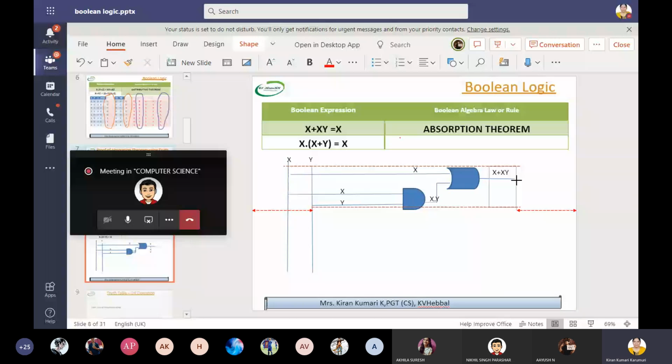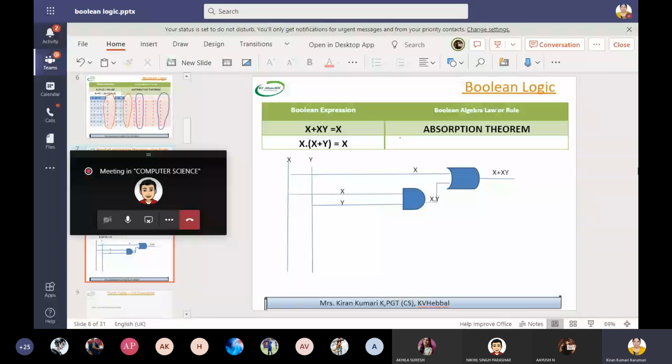Now if you look at this, why should we learn these theorems? We have made the circuit with so much difficulty. To make a circuit we need wires, and we also need to buy these integrated circuits. Yes or no? If you know the theorem, instead of one AND gate, one OR gate, and XY inputs, you can directly give the connection from X. That is the main advantage of learning theorems, children.